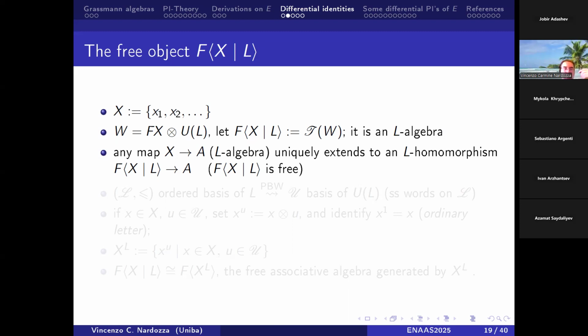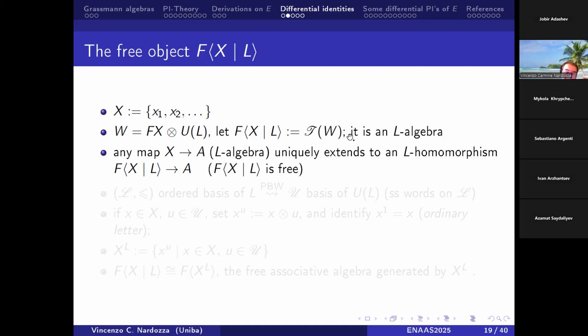We start with an infinite set of indeterminates. Consider the vector space spanned by these indeterminates, tensorized with the universal enveloping algebra of the Lie algebra L, and call its tensor algebra with this symbol.